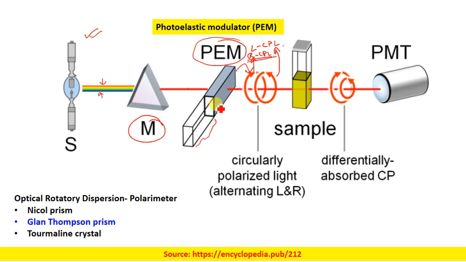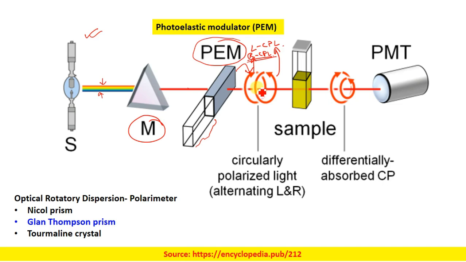There is electronic circuitry which changes the position of the photoelastic modulator such that at one instance you get left circularly polarized light, and at the other instance you get right circularly polarized light.